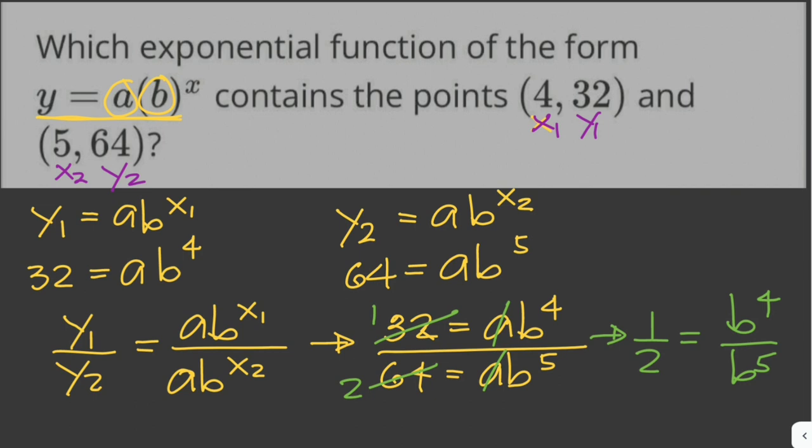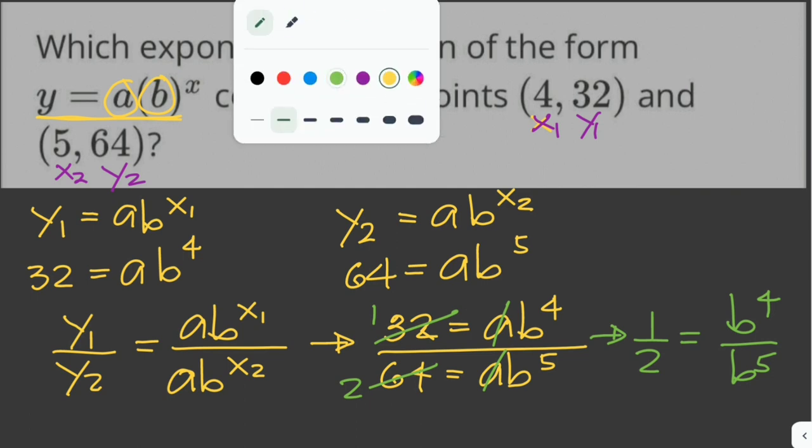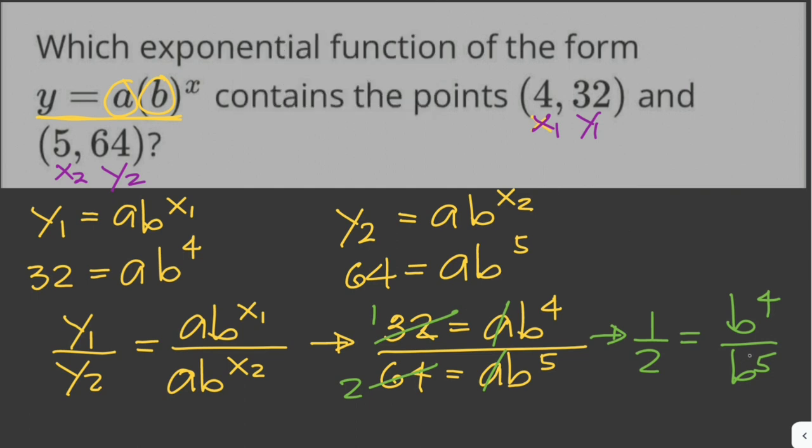Or you can divide this the other way around. 64 over 32 would be easier. Okay. And then we can just flip this. This would give us 1/2 equals 1 over b.